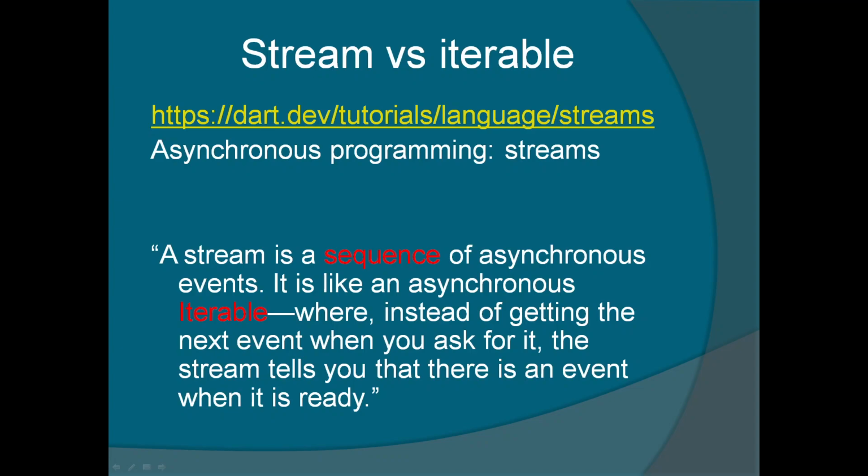It is like an asynchronous iterable, where instead of getting the next event when you ask for it, the stream tells you that there is an event when it is ready. So a stream looks like an iterable.